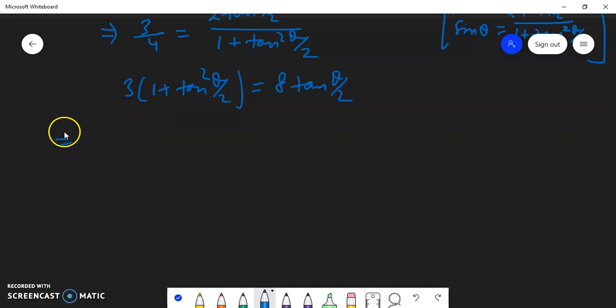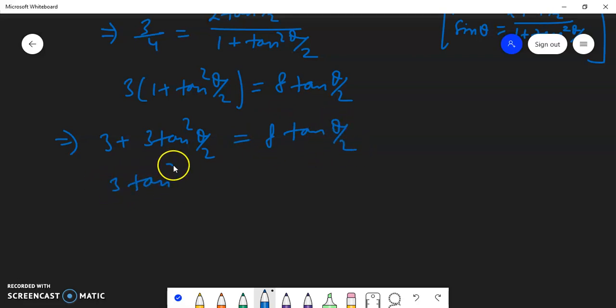This implies 3 plus 3 tan square theta by 2 is equal to 8 tan theta by 2. So 3 tan square theta by 2 minus 8 tan theta by 2 plus 3 is equal to 0.